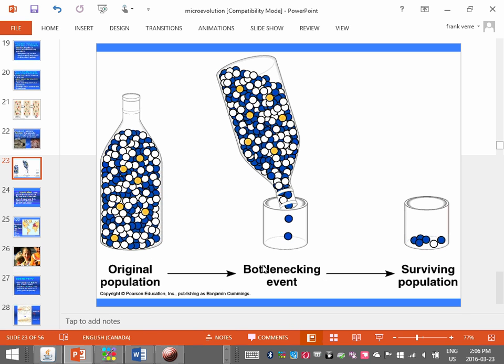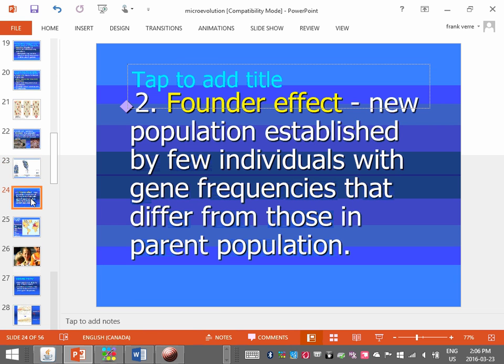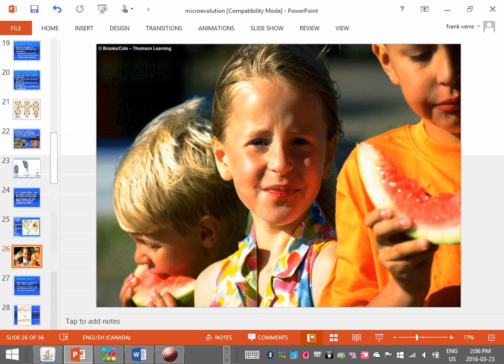Because we talked about bottlenecking, but the same thing is true for something called the founder effect. Now, the founder effect is when you have a group of people that leave, they take off somewhere, and they go to start a new colony. Right? It's the exact same idea.